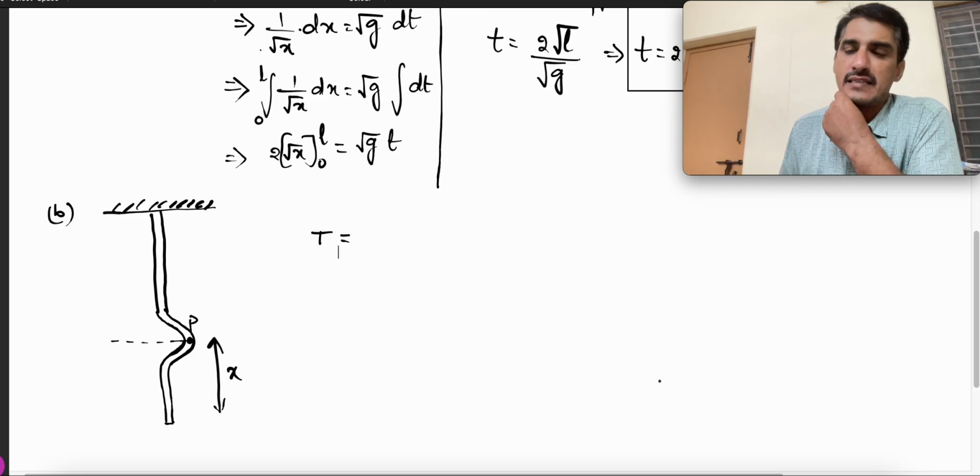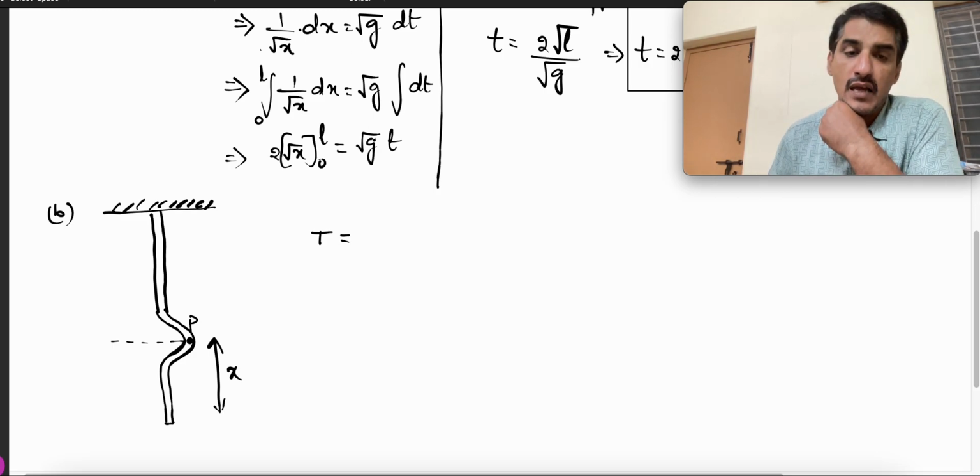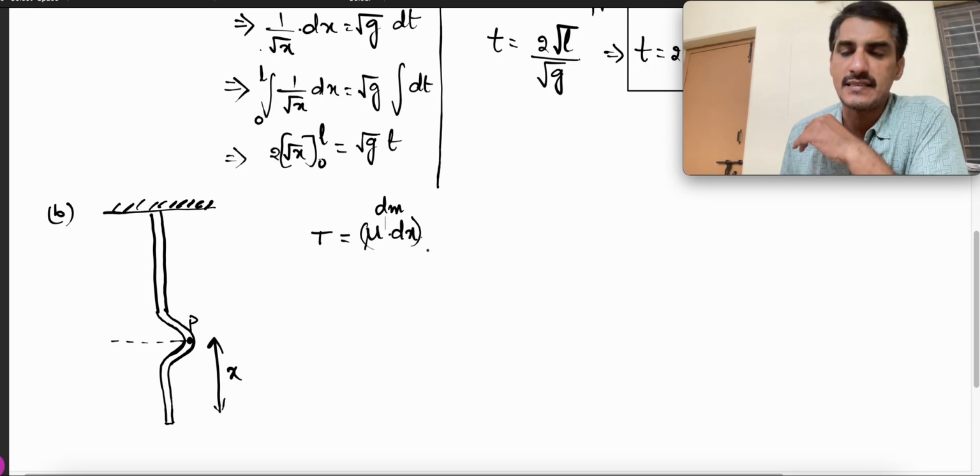Here we can't take it directly as m into g due to its weight. The m value we need to consider as mu into dx, taking an elementary length in that entire rope. Mu into dx is nothing but dm.